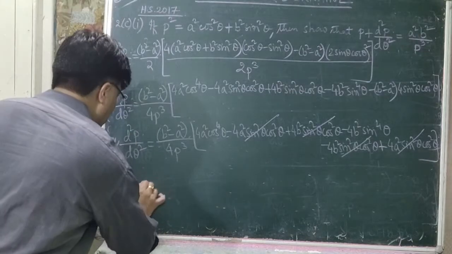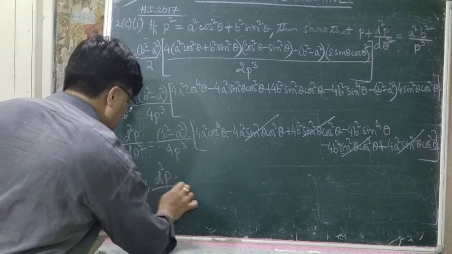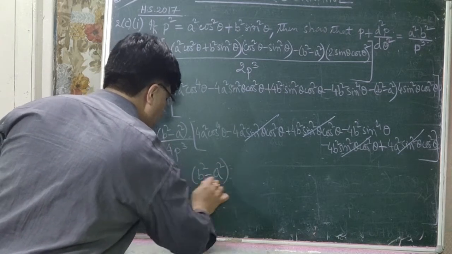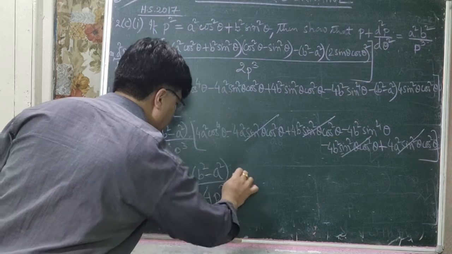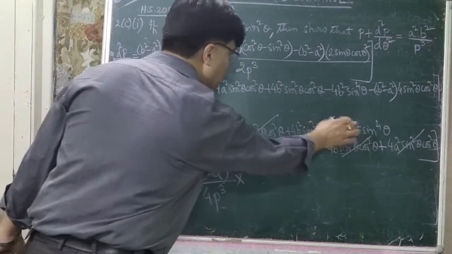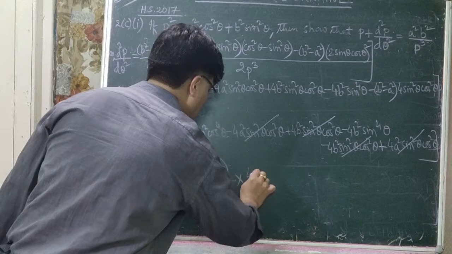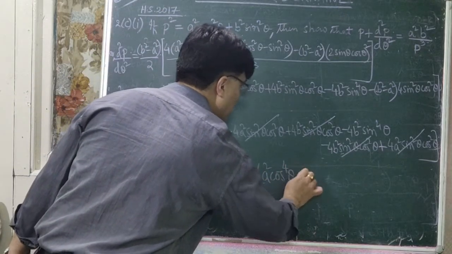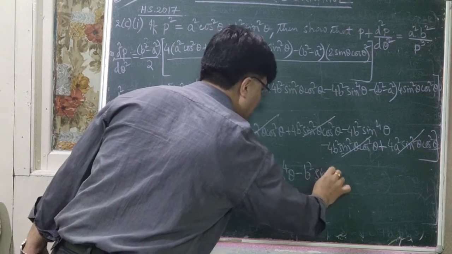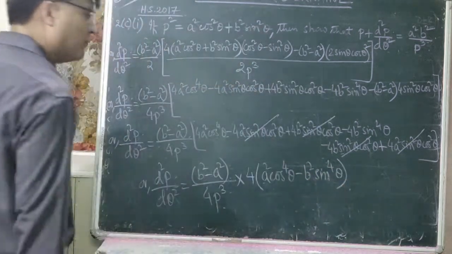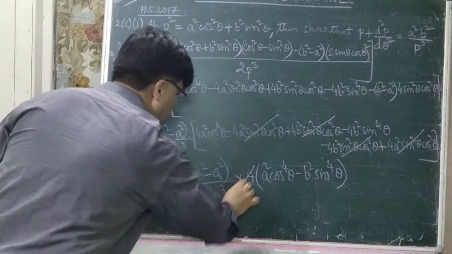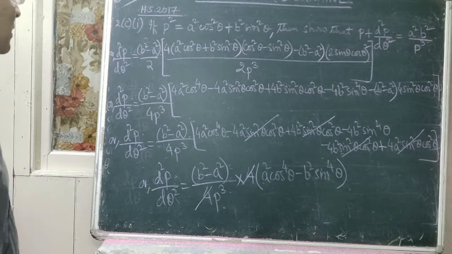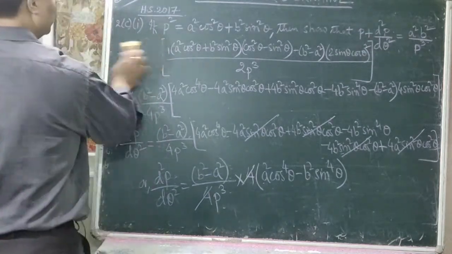So now d²p by dθ² is equal to (b² − a²) divided by 4p³ into, so we can take common out here. What is common here? 4 is common. Within the bracket, what do we get? a² cos⁴θ − b² sin⁴θ. So again you can cancel this 4 here. Okay, so now write down the remaining terms.